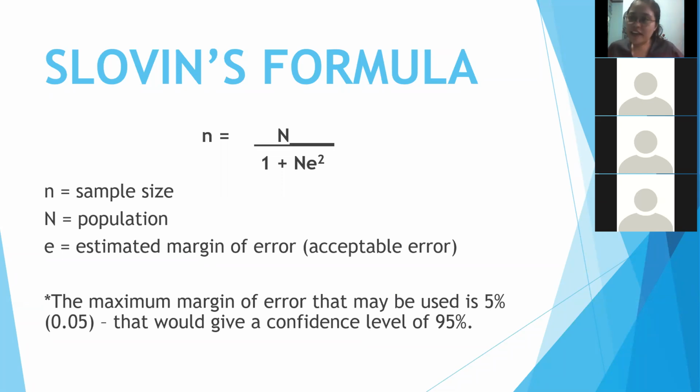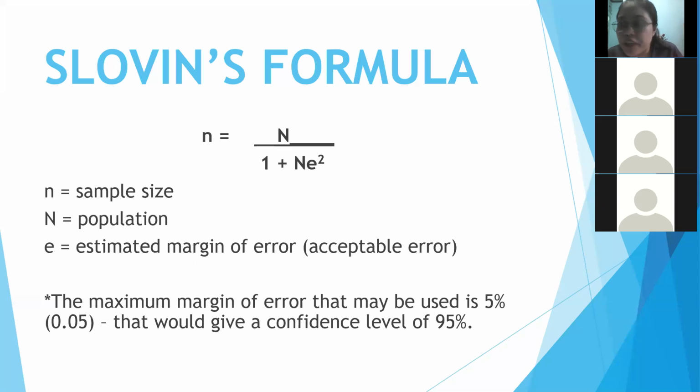Okay, small letter n refers to the sample size and capital letter N is your population. And E is the estimated margin of error, or we call it acceptable error. Kasi whether we like it or not, we will leave room for errors in our study. So mo na nga tagaan nato og leeway for error, and most of the time ang ginahatag nato nga space for error is 5%.